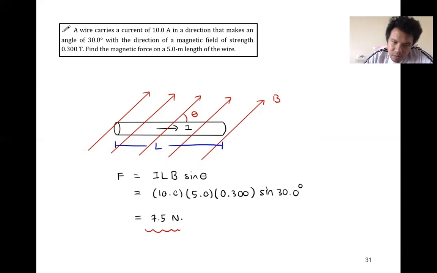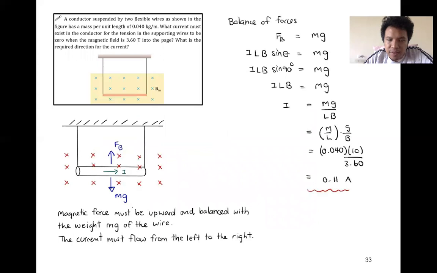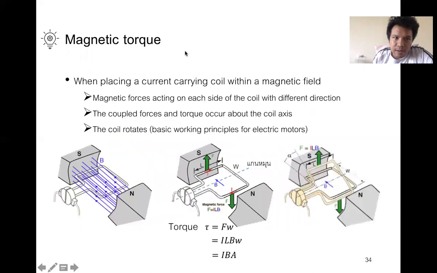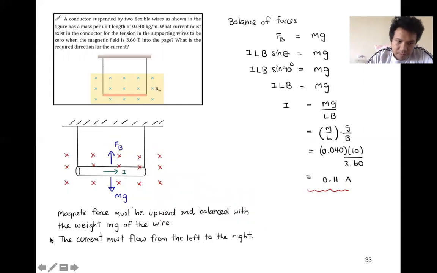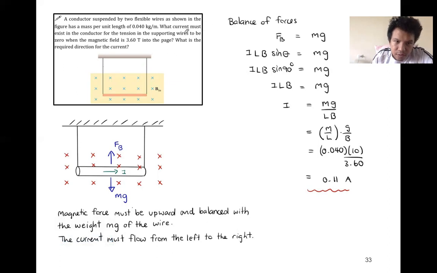Okay, so we can use the formula ILB sin θ to find the force acting on this object. Then, with applications and mechanical equilibrium, they ask you for the condition in which the tension in the supporting wire is 0.